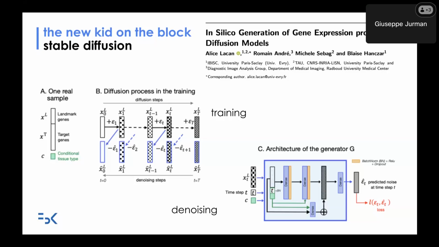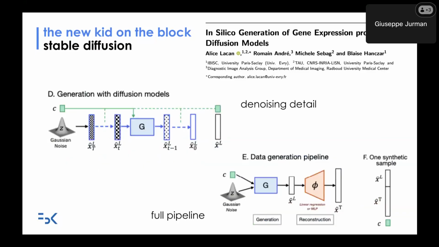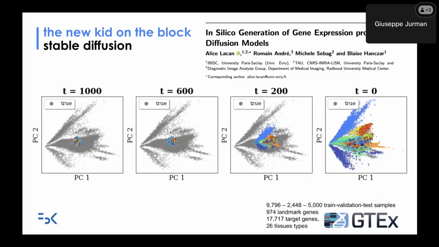So we are coupling a training model with a denoising mechanism, and the results, from the generation to the linear regressor that provides the reconstruction and constructs one synthetic sample starting from the output of the generator, provide a very good example of the use of these new models in constructing synthetic data, which is very promising in terms of performance.